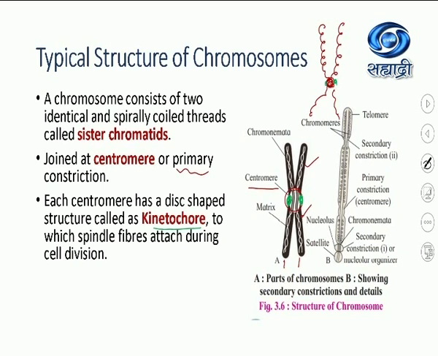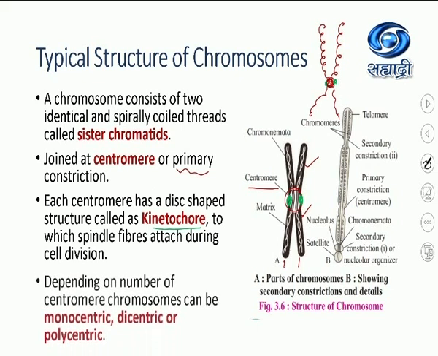What is the function of the kinetochore? It provides space for attachment of spindle fibers during cell division. You have studied mitosis and meiosis in 11th standard. You know how chromosomes are pulled apart during anaphase. The spindle fibers attach to these kinetochores and pull the sister chromatids apart during cell division.